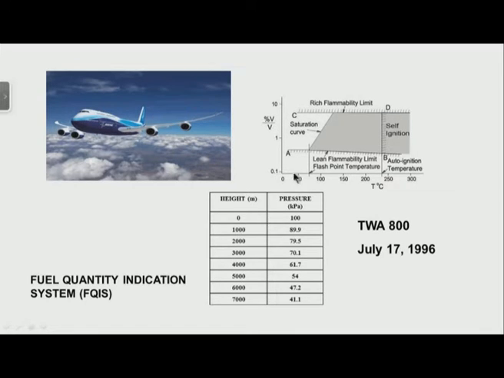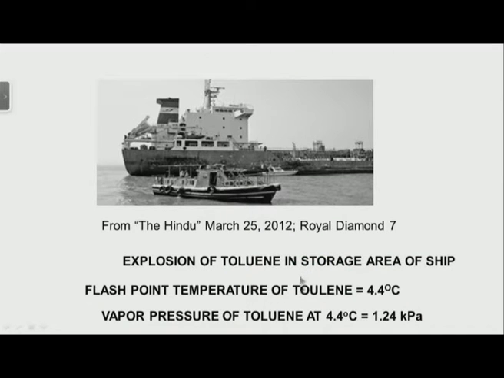We tell ourselves, the flash point temperature of toluene is 4.4 degrees, which means the vapor generated at 4.4 degrees, when mixed with air, forms a mixture which corresponds to the lean flammability limit. Therefore, what are we saying? The vapor pressure of toluene corresponds to 1.24 kPa.